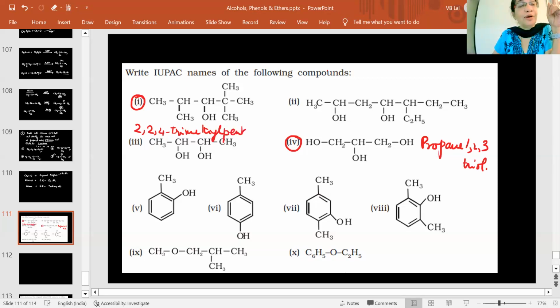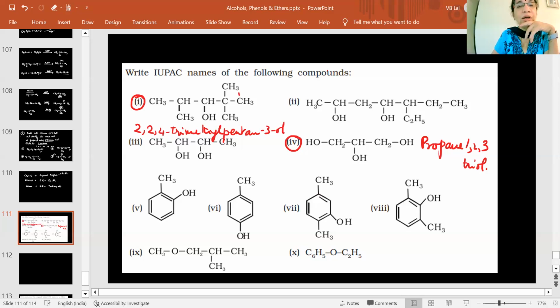Pentan, you don't have to say alcohol. Pentan, where is the position of the OH group? Pentan 3-ol. Okay, or you can call it 3-pentanol. You understand the name? Okay. Pentan 3-ol, you have to write.